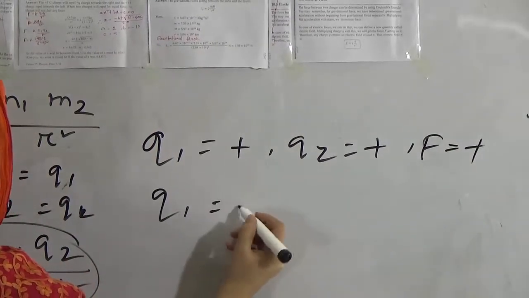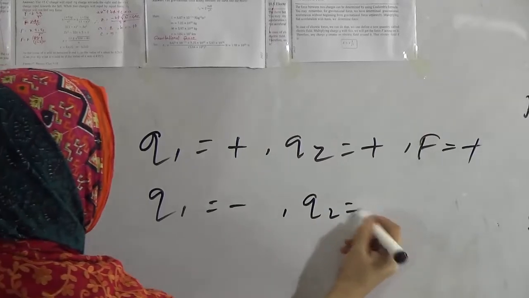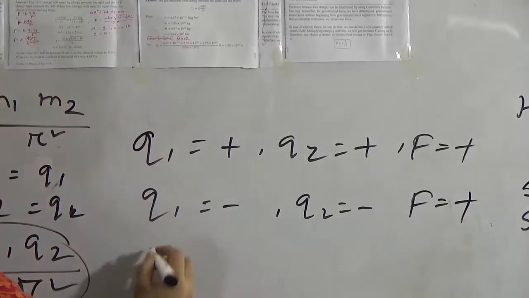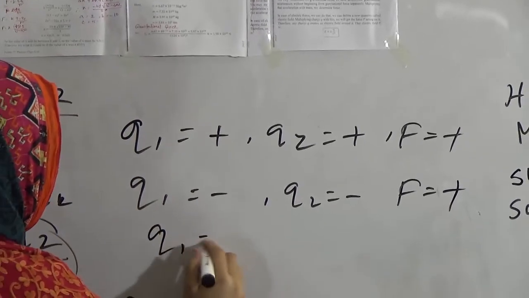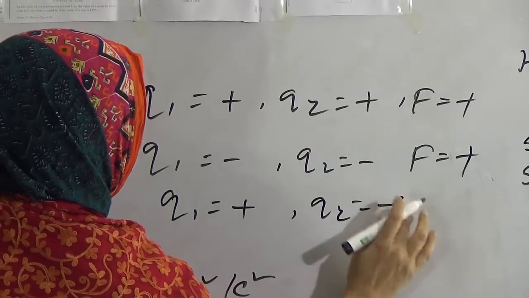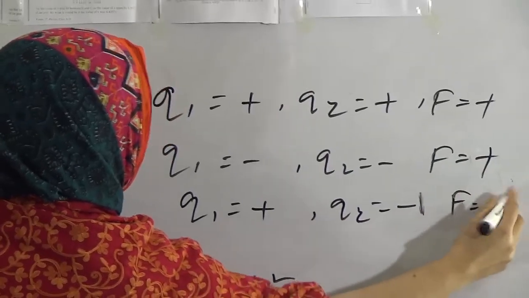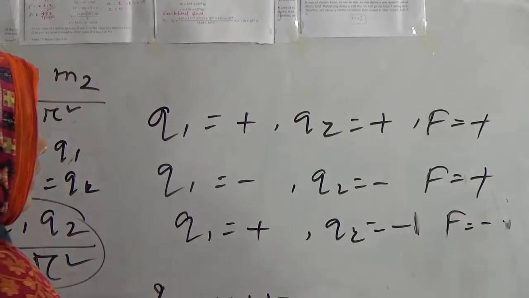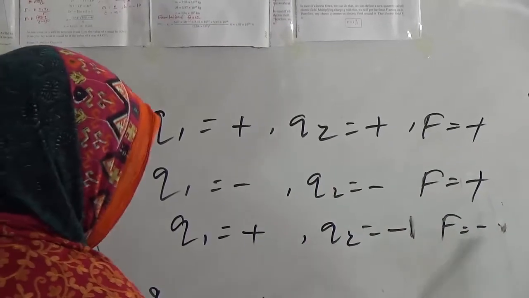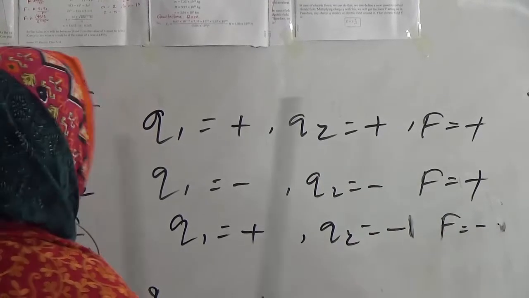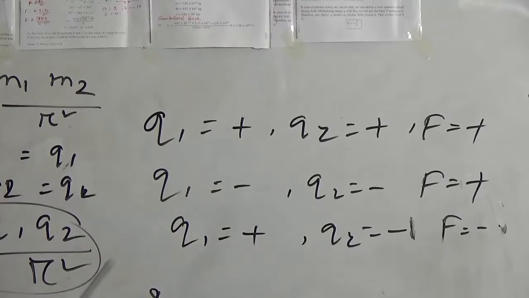If q1 is negative and q2 is negative, then force will also be positive. And if q1 is positive and q2 is negative, then force will be negative. That means opposite charges attract each other.